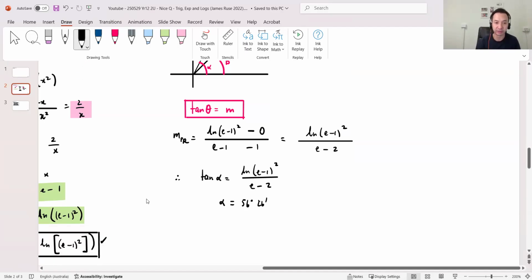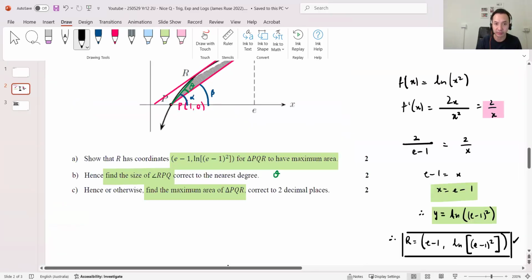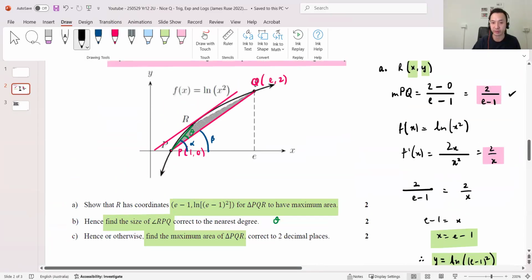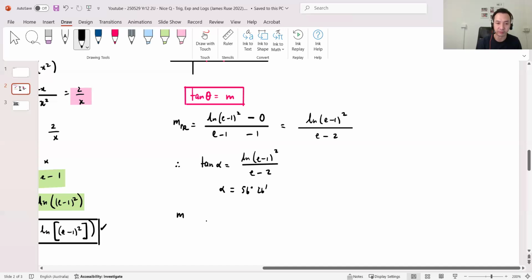Now the gradient of the line PQ, I've found that, haven't I? That's up here, it's 2 on e minus 1. Gradient of PQ equals 2 on e minus 1. So therefore, tan beta is equal to 2 on e minus 1.